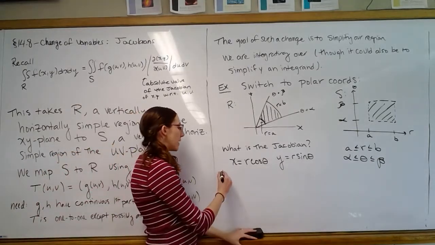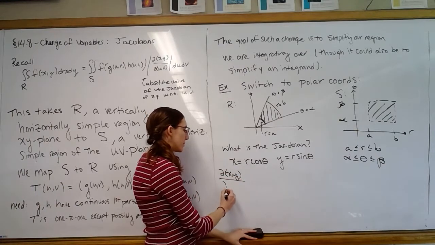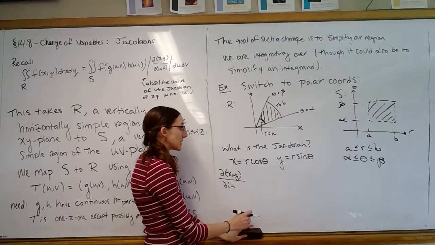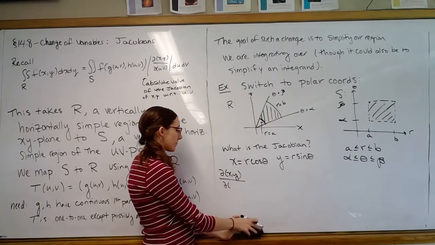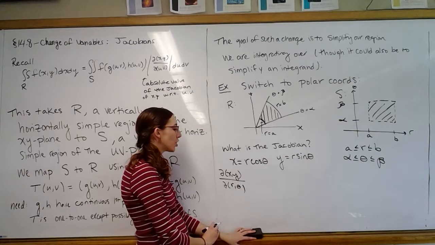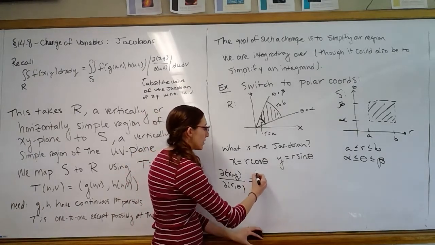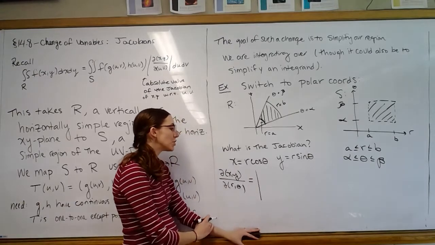So if we do this, we'll have the partial of xy with respect to uv, which in this case would be r theta. So this is the Jacobian of xy with respect to r theta. We're going to do the determinant.